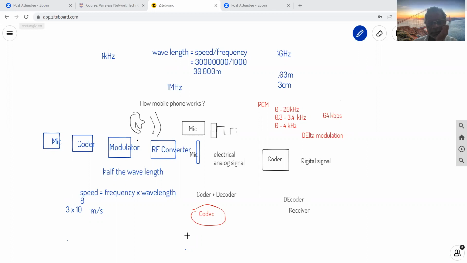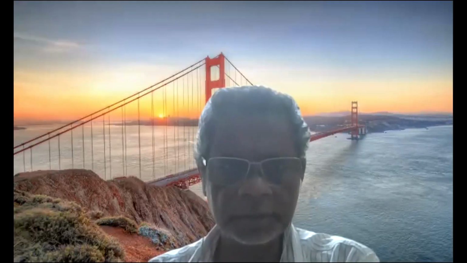Yes. 1 gigahertz should be 0.3 meters. Yeah, you are correct. Okay, you have to understand the principle behind that. So any question from this area? Any question?